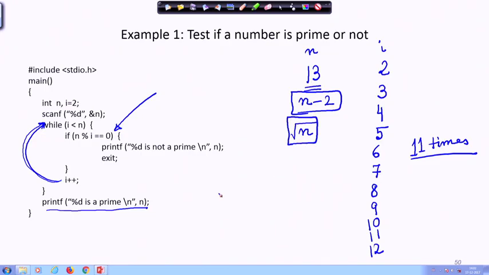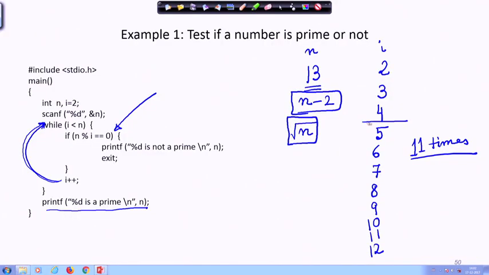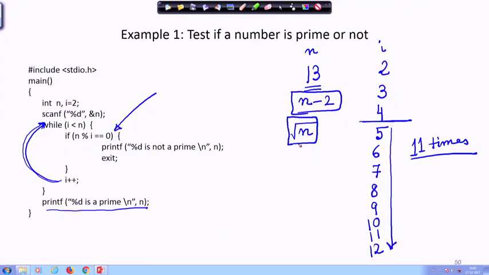It would be 3 point something, right. So, within 4, if it is not divisible, it will not be divisible by the later numbers also. So, if I just apply this knowledge, that if it is not divisible within square root of n, then it will not be divisible later, I can make this program much more efficient.